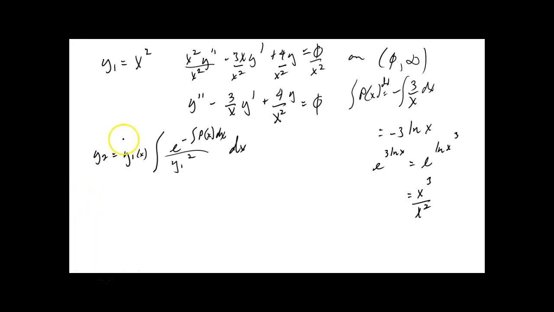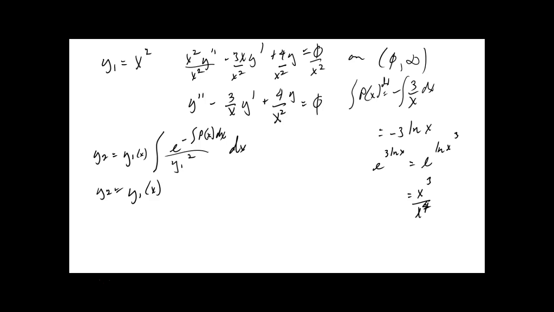Okay. So y2 is equal to y1 of x. I'm not going to fill that in yet. This, remember, I just put it over x squared. It was x squared squared. So this should be over x to the 4th. You see? Your y1 was x squared, and here you're dividing by y1 squared, which is x squared squared.